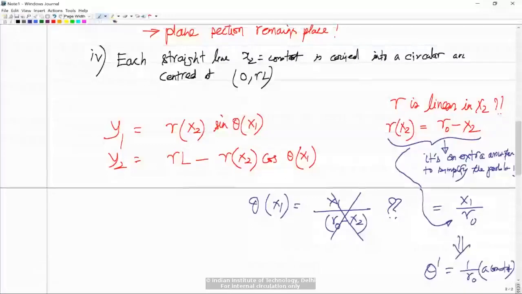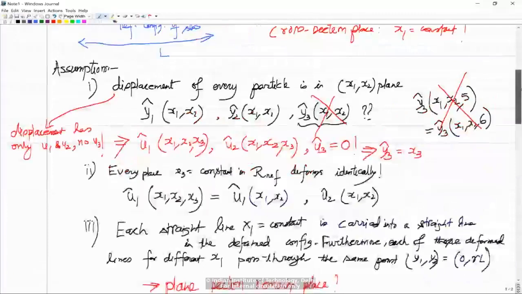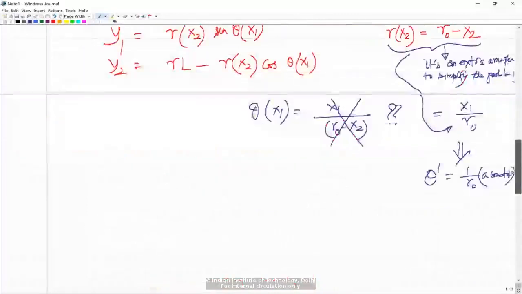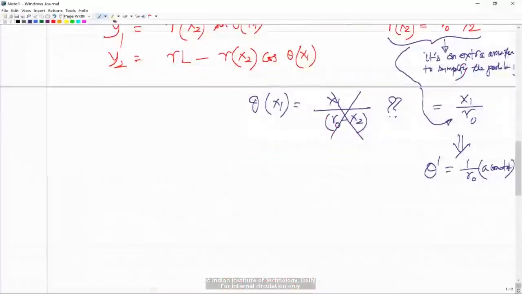But in our deformation picture, based on these four assumptions, we are nowhere saying that theta prime has to be a constant. But when you do pure bending, it does turn out that theta prime is a constant. And then you can say that theta is linear in x1 and given by this formula.